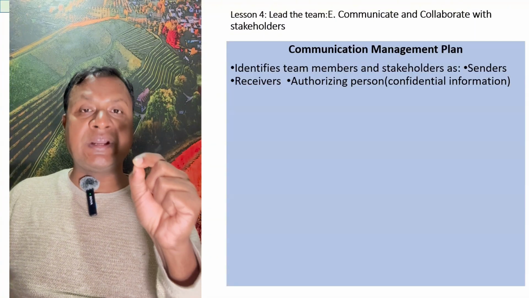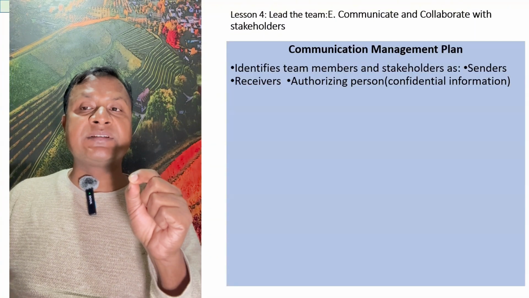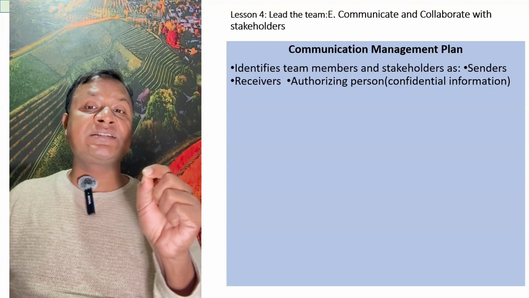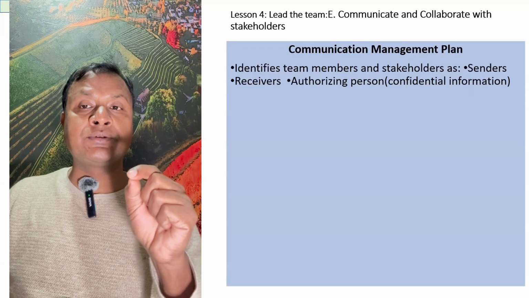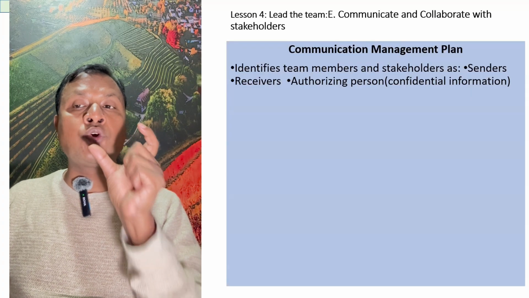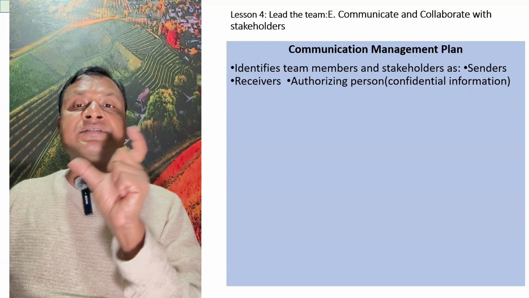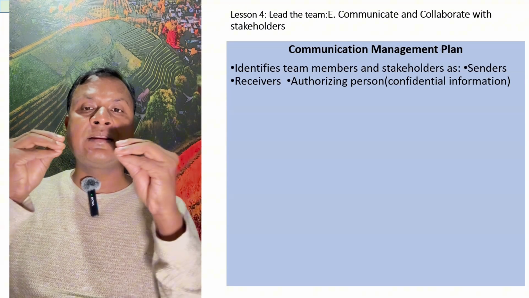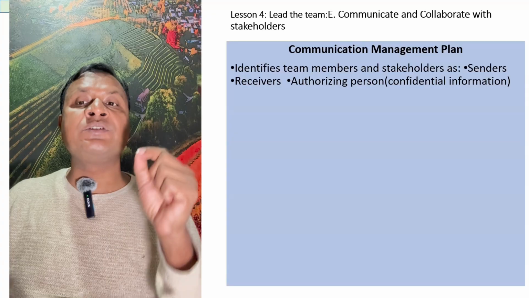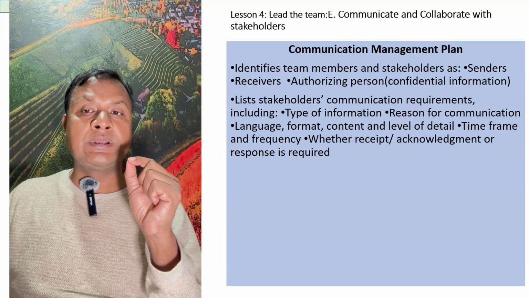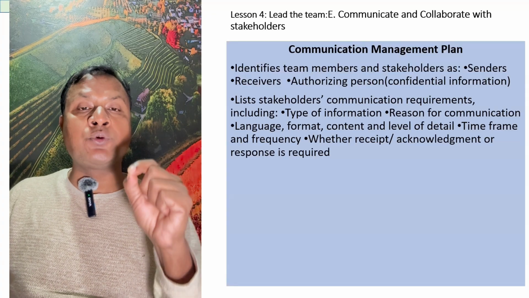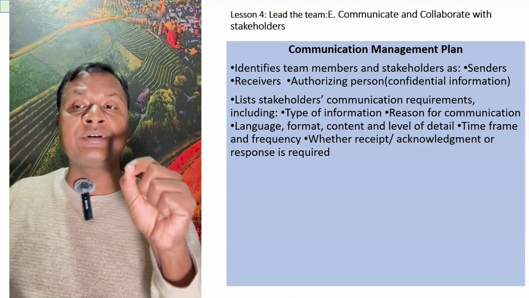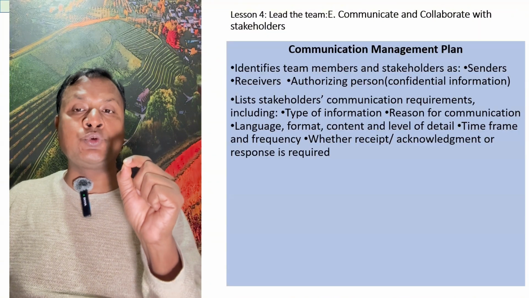The communication management plan identifies team members and stakeholders as senders and receivers, authorizing persons. In a communication, there are two parts: the sender and the receiver. The sender sends, the receiver receives. Then authorizing persons, confidential information. So we should list the stakeholders, and then list the communication requirements too.